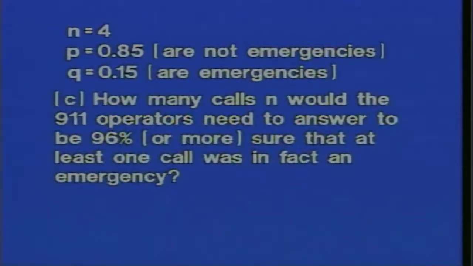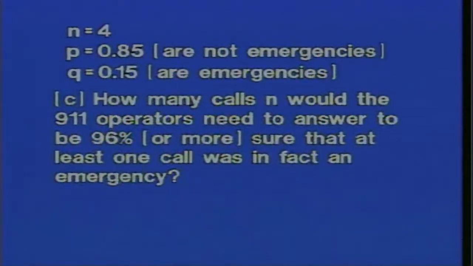Pretty interesting situation, and this part of the problem is the reason that I chose to work this problem with you. We're thinking at least one was in fact an emergency, and when we see at least one in a problem, we want to write down R is greater than or equal to 1. But gee, R is not associated with an emergency. R is associated with a non-emergency.